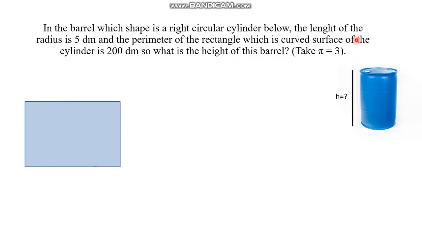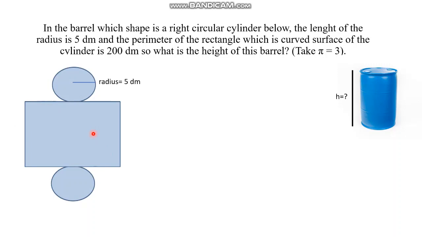Take pi equals 3. So first we need to draw the nets of the cylinder. We first draw a rectangle and we need bases, and we know the length of the radius. It is 5 decimeters.